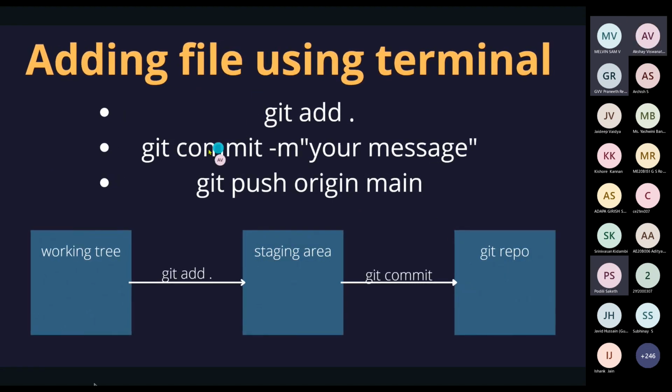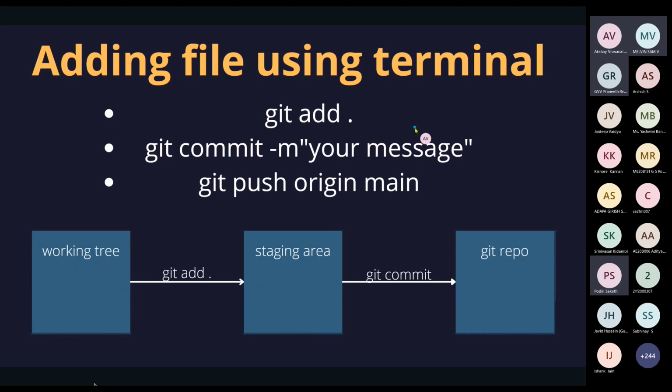Once you made some changes, those changes you can add to the staging. The place where you're making changes is called the working tree. Once the changes are made in the working tree, they get pushed into the staging area. And then after getting it into the staging area, we use the git commit command to store it into the git repo.